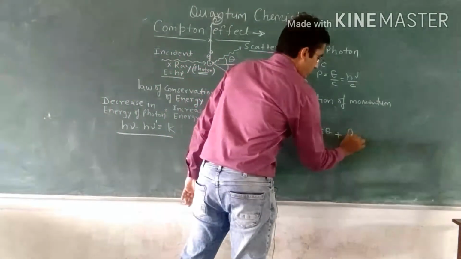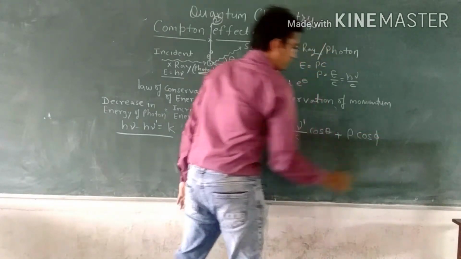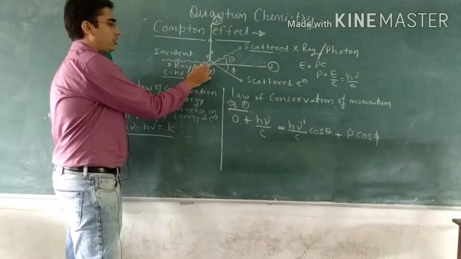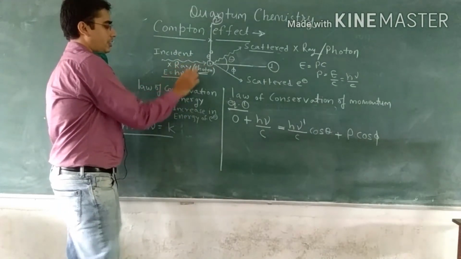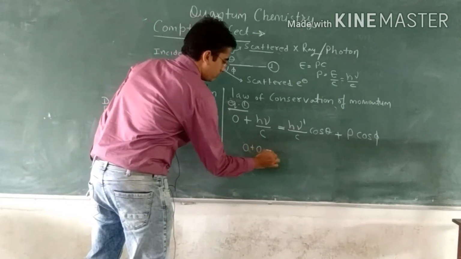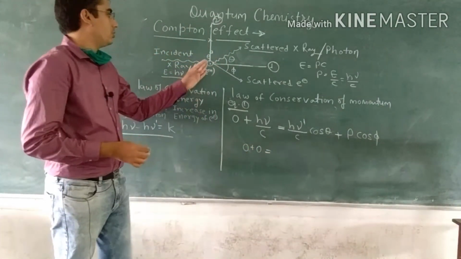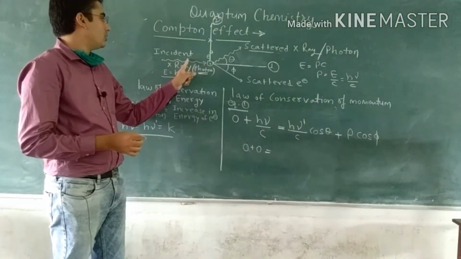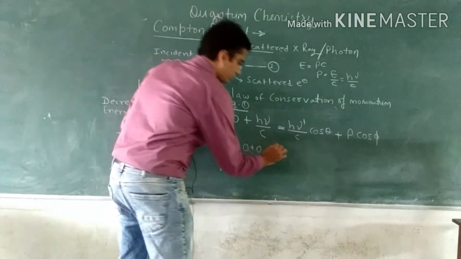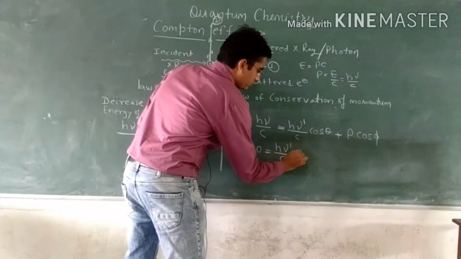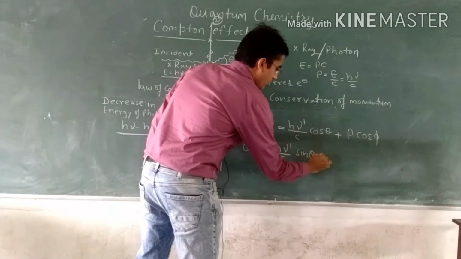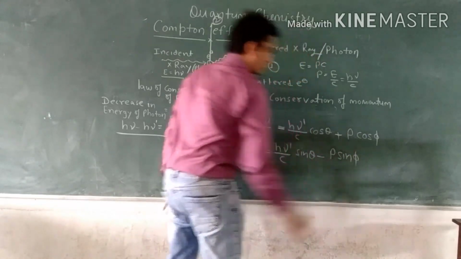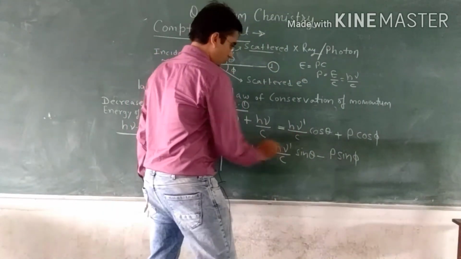In the perpendicular direction, the momentum before collision, of the X-ray and electron, is 0, and after collision there is the momentum of the scattered X-ray in the perpendicular direction to the incident X-ray and of the electron. This is equation number 2.